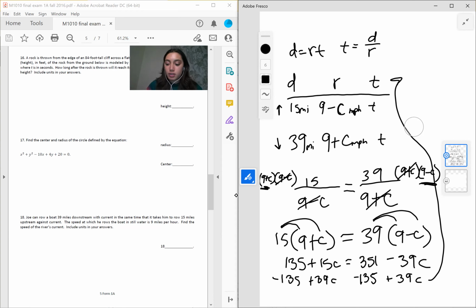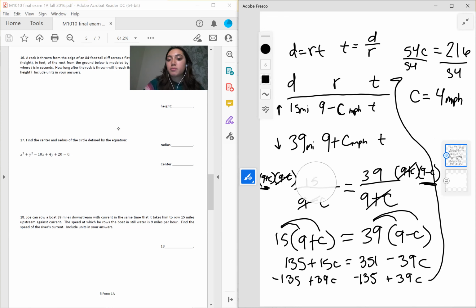So 15 plus 39, that's 54c equals 216. All right, and then divide by 54. And that gives us c equals 4 miles per hour. It says include units in your answer. So the rate of the current is 4 miles per hour.